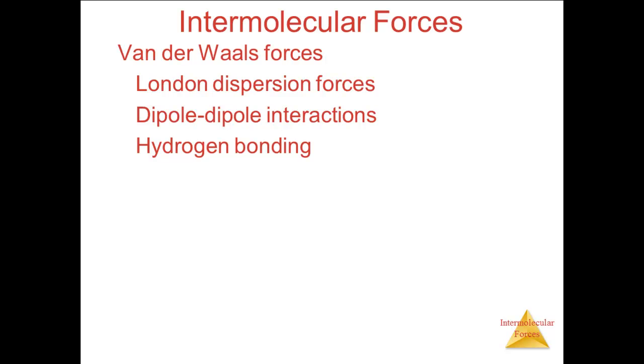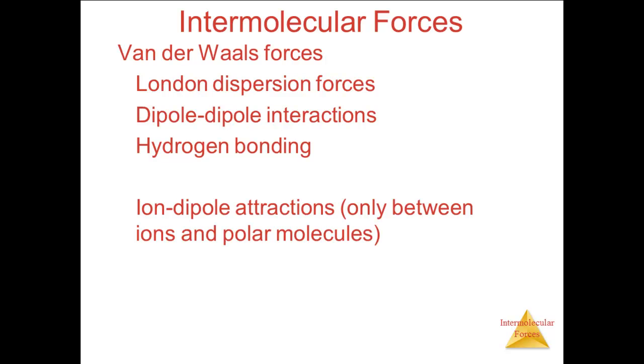These forces are listed in order of their relative strength for molecules of about the same size, but you should remember that there is a lot of overlap when molecules are of different sizes and numbers of electrons. The final intermolecular force, which we will discuss in more detail later, is ion-dipole interactions.